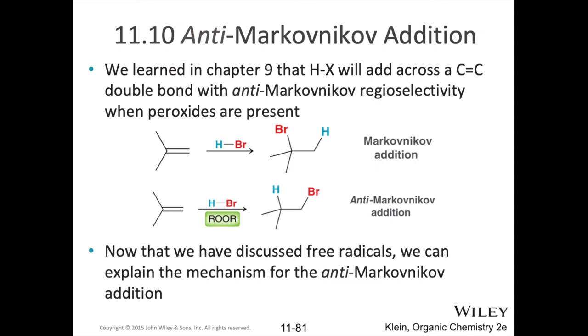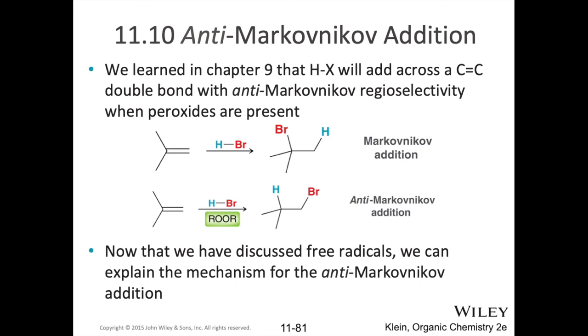That was Markovnikov's rule. But I pointed out back then that if we throw in a peroxide, we instead get an anti-Markovnikov addition. Our halogen instead goes to our less substituted carbon. We didn't go into the mechanism there because we still had to understand how radical reactions work. And, well, now it's that time. So let's look at this mechanism and understand why it happens.